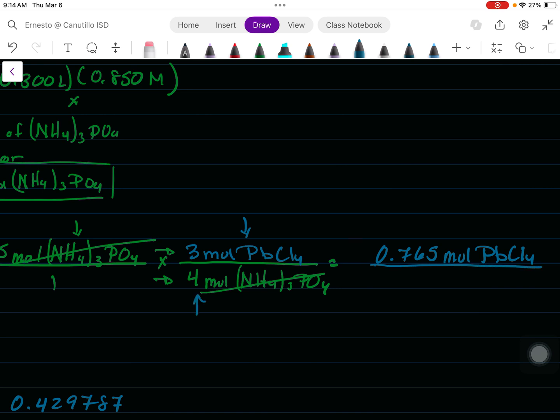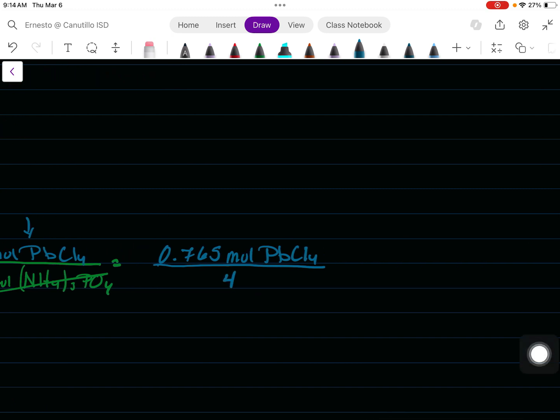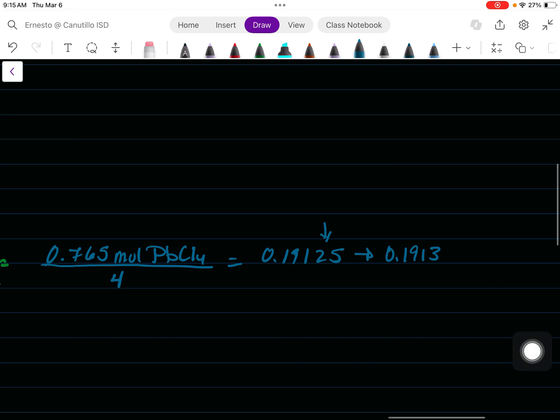So it's just going to be 1 times 4, which gives me the value of 4. If I take 0.765 and I divide that by 4, I'm going to end up with 0.19125. If I want that to 4 significant figures, I'm going to take this to 0.1913, and that is moles of lead 4 chloride. Okay? That is moles of lead 4 chloride.